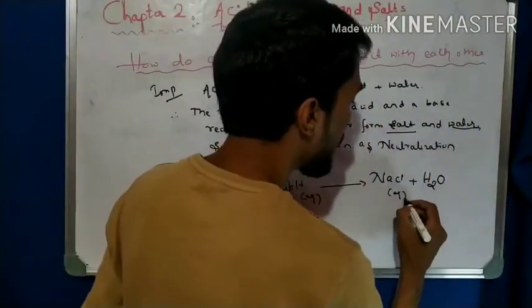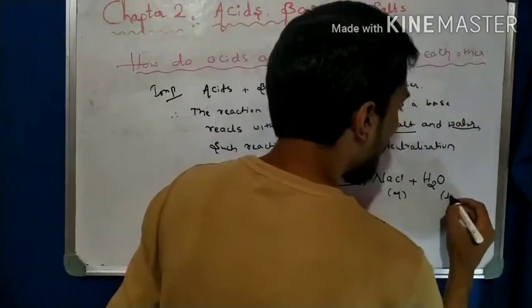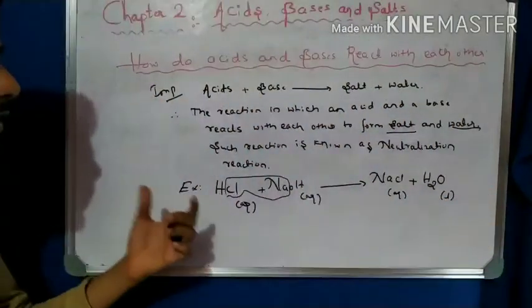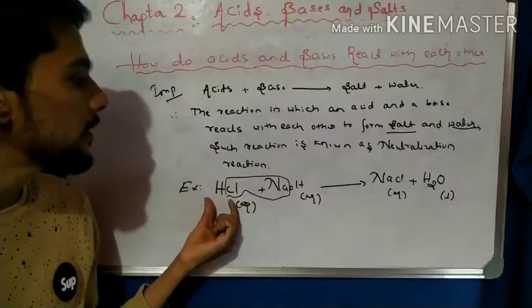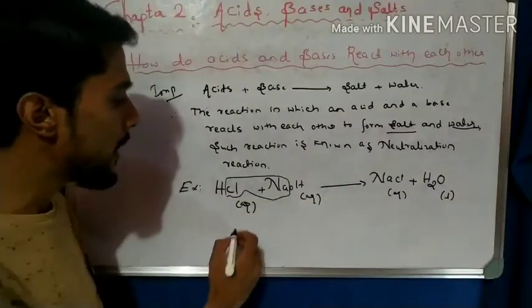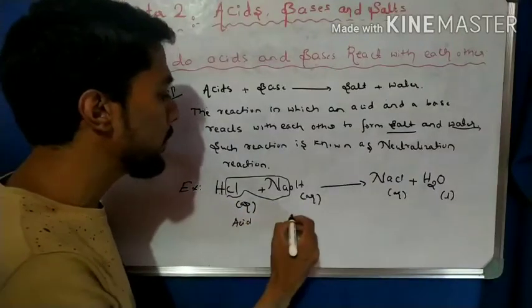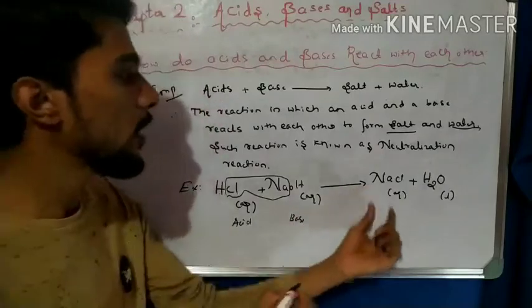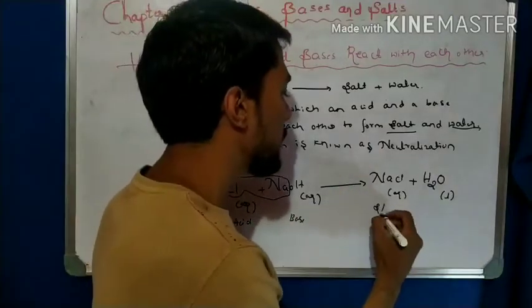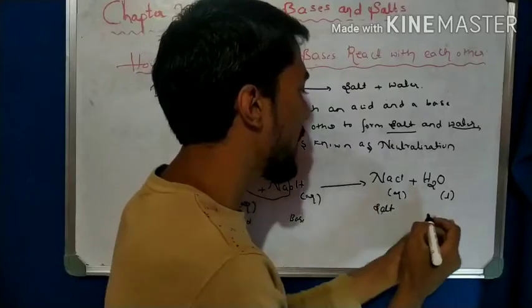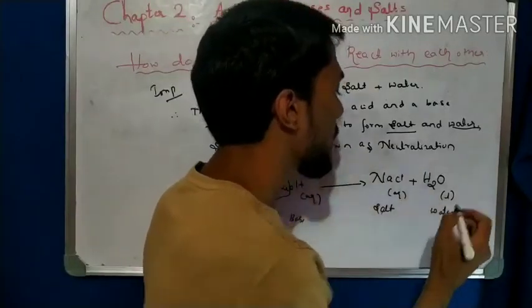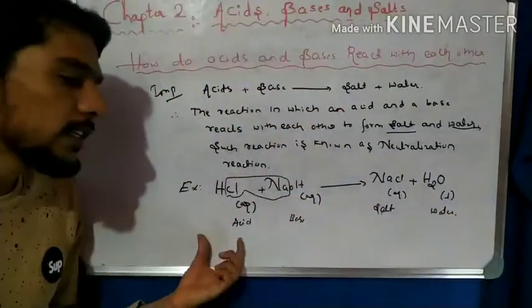NaCl is formed as aqueous and the water is formed as liquid, right? So this is the acid, this is the base, and they form salt, NaCl, and water, H2O. So this is the example for a neutralization reaction.